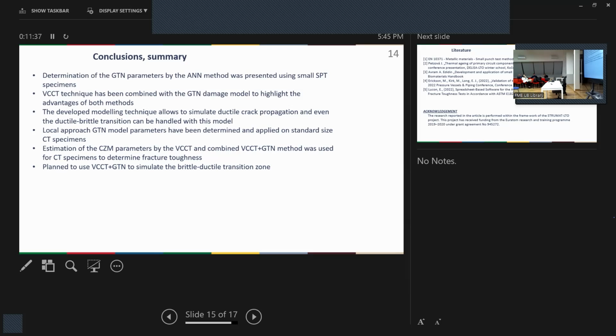With the combination of these two methods, with this modeling technique, the ductile-brittle transition and the crack propagation can also be handled. And after that, the determined GTN parameters were used for the VCCT plus GTN simulations and the CZM simulations to acquire fracture toughness values.